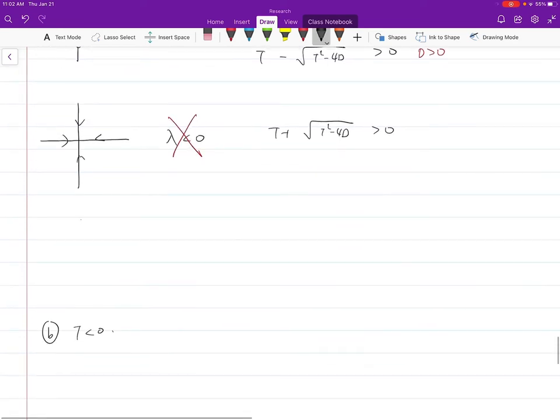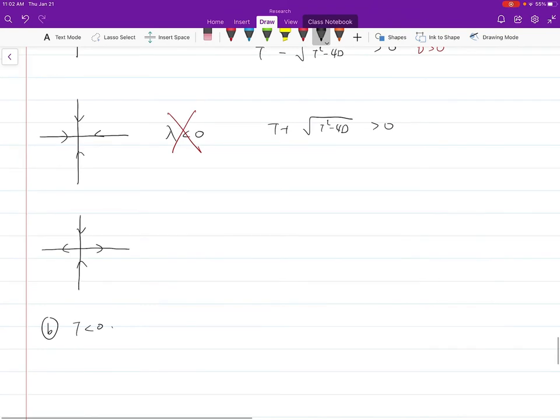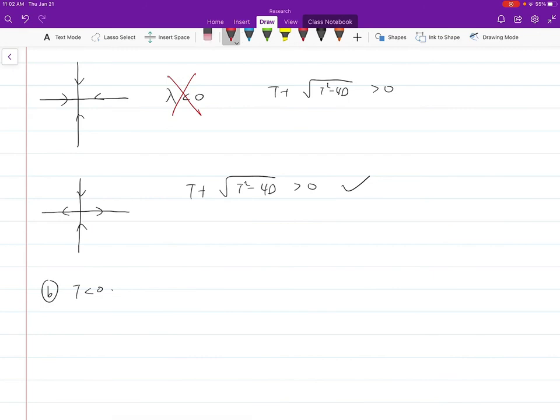All right. Now, what about one positive, one negative? This again is going to be positive no matter what. So in order to have one positive, one negative, all you need to do is require this one to be less than 0. That requires d to be less than 0. Therefore, t squared minus 4d is going to be bigger than t squared.